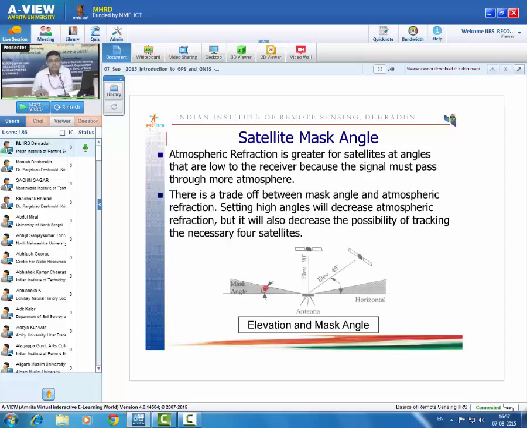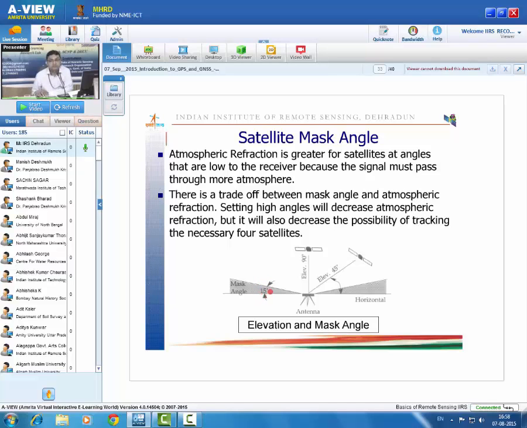This angle, as shown here 15 degree, is the one for which we do not accept the signals. See, this 15 degree is not a fixed number. We can change it. It can be 5 degree, 10 degree, 15 degree, any number we can choose, because the higher the number, the fewer satellites in the coverage area. So this is a trade-off actually, how to fix this number.